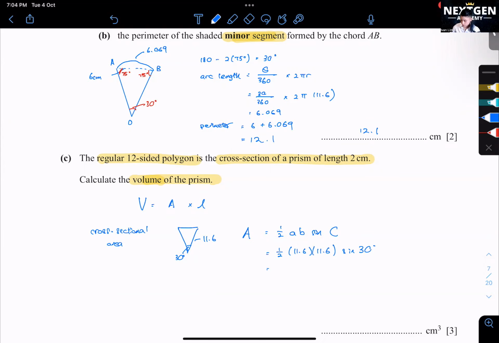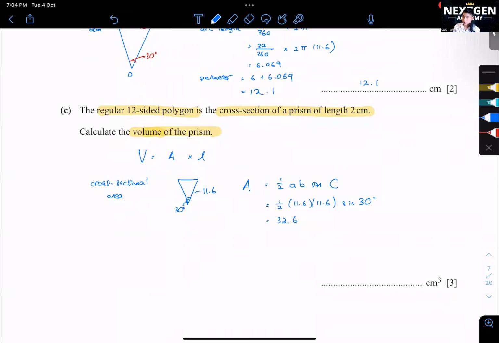Okay, type this in the calculator, you get 33.6. Okay, this is the area of one triangle. Area of the entire polygon: so you'll see here, area of the polygon, then I got 12 of it. So 33.6 times 12, we'll get 403.